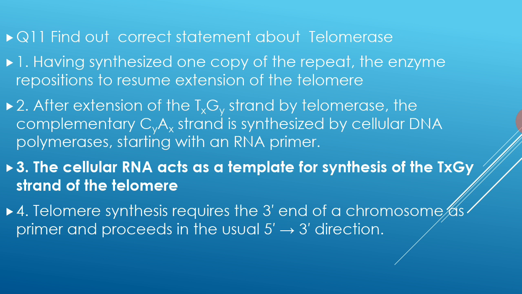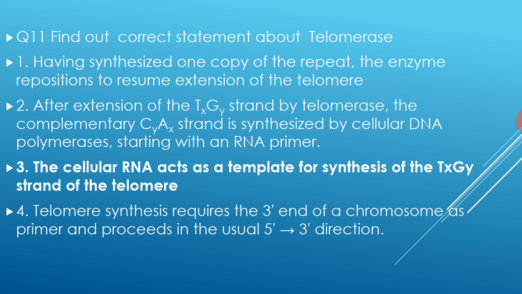The cellular RNA acts as the template for synthesis of the TG strand by telomerase. Note, it is not the cellular RNA. Telomerase has its own RNA that acts as the template. Okay, so the third one is incorrect.